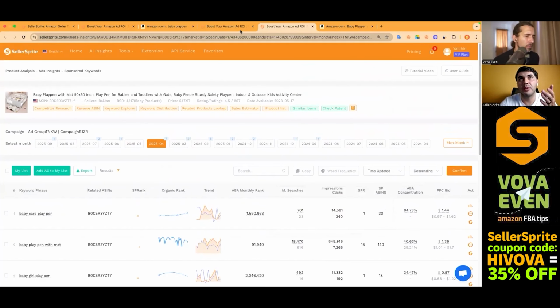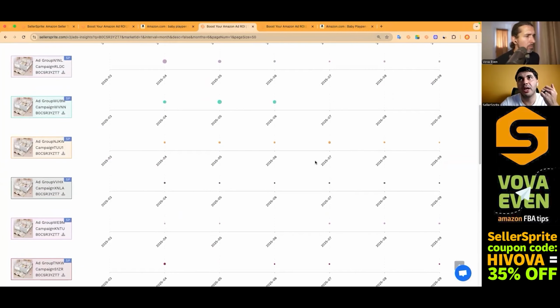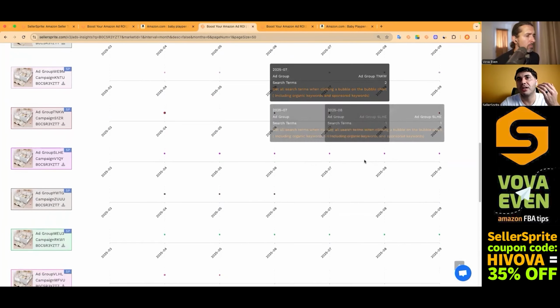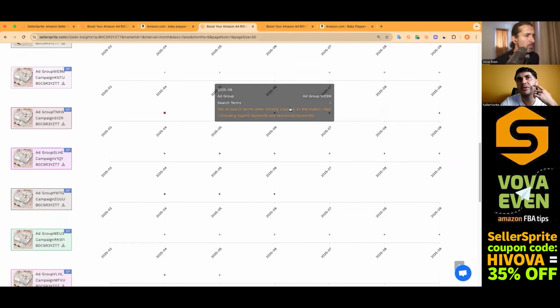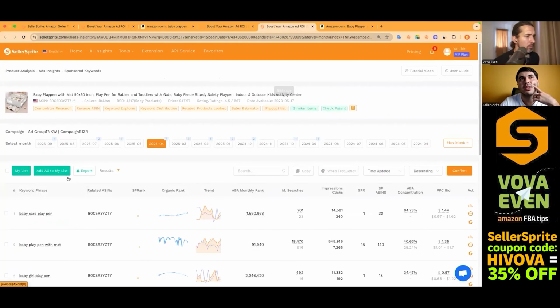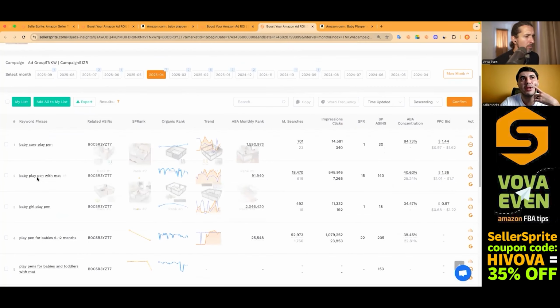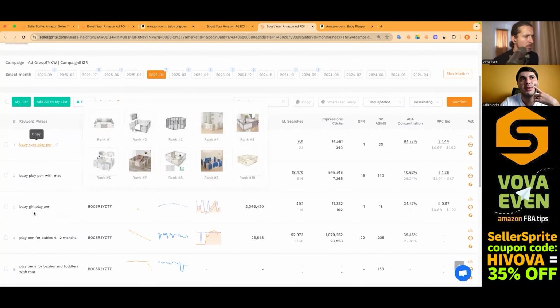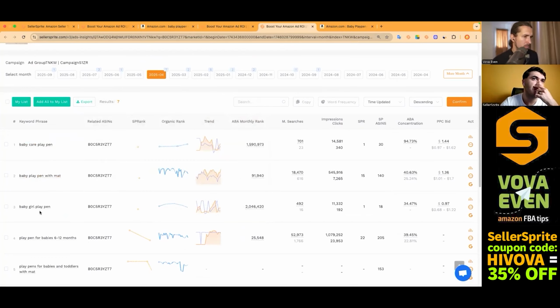You can see your competitors, how many campaigns they have firstly, and from here what I understood is that this campaign is probably baby care playpen, baby playpen with mat, baby girl playpen. This could be a phrase campaign, or maybe it's an exact campaign.